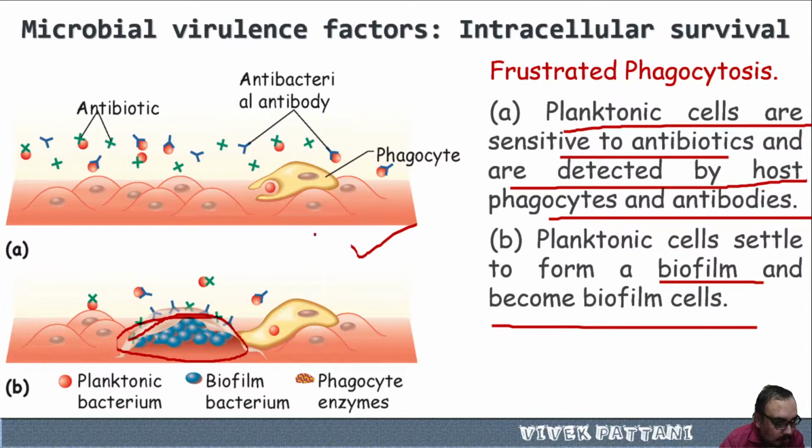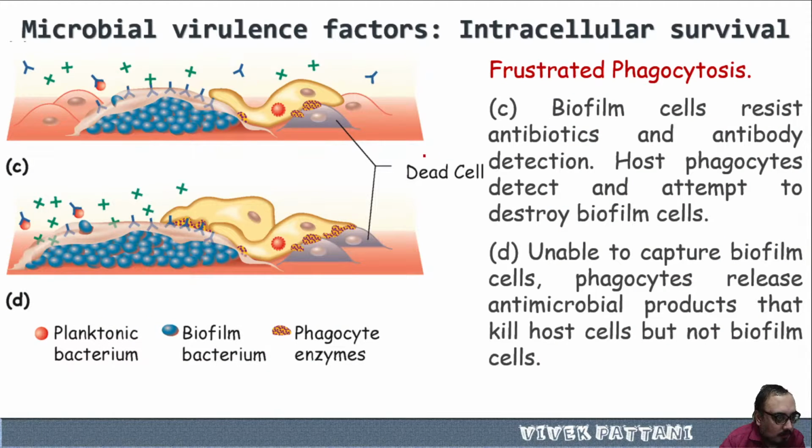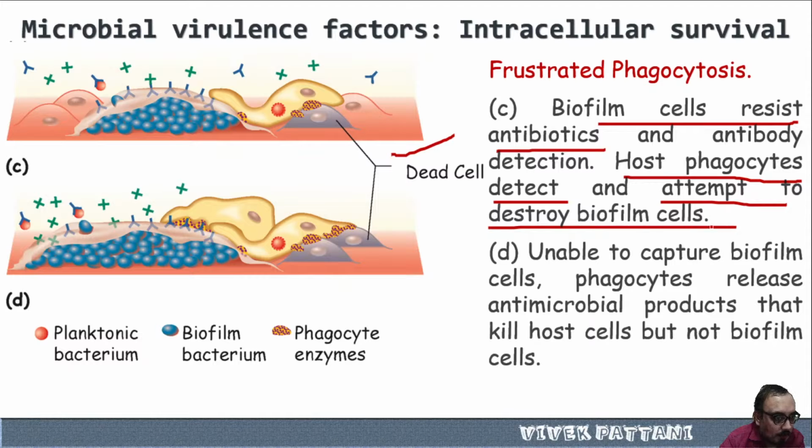At the same time, a planktonic bacterium has also been taken up by the phagocyte. Now in the third scenario, the biofilm cells resist the antibiotics and even the antibody detection. The host phagocytes detect it and attempt to destroy the biofilm cells.